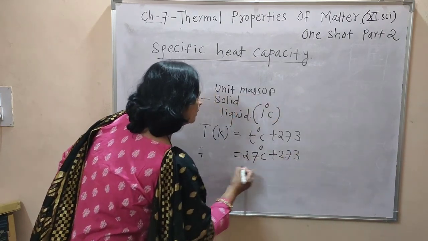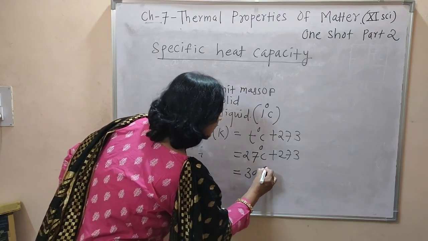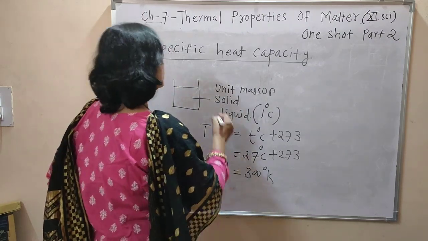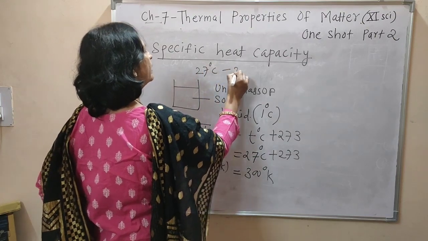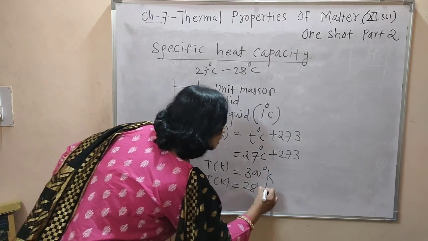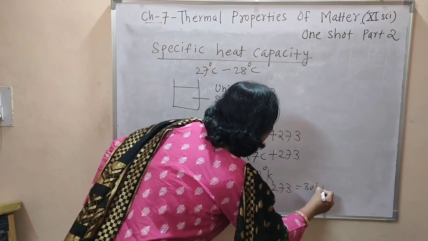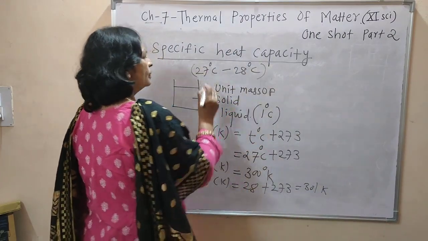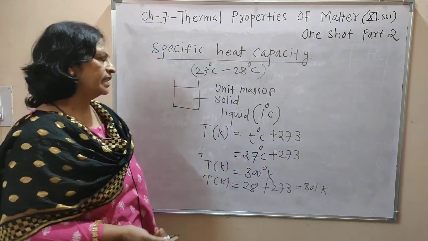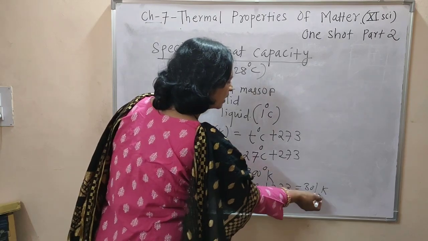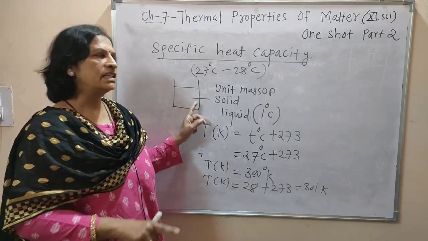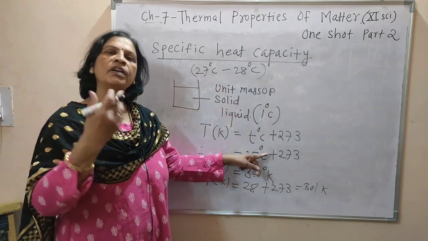If we increase it from 27 to 28 degrees Celsius, then 28 plus 273 is 301 Kelvin. So if we increase the temperature by 1 degree Celsius, it automatically increases by 1 Kelvin.